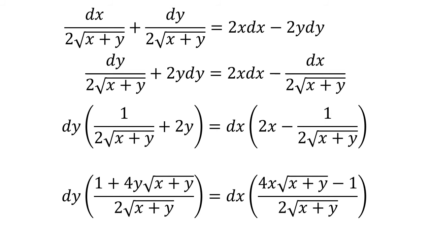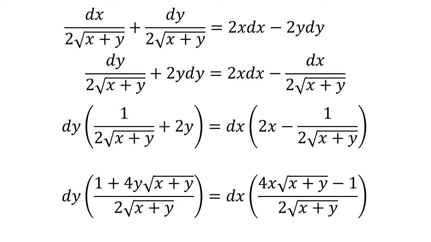If you are wondering what happened here, as you can see, the least common denominator will be 2 times square root of x plus y. And then this 2y will just be multiplied to this denominator, because there's an imaginary 1 here.